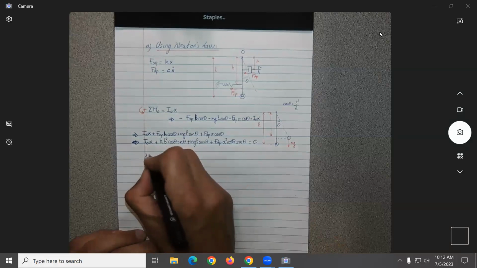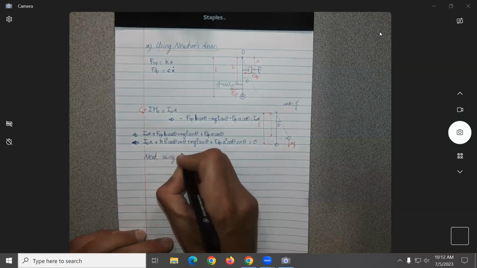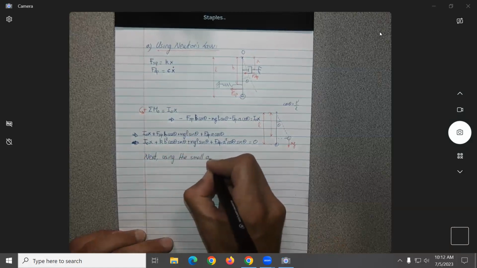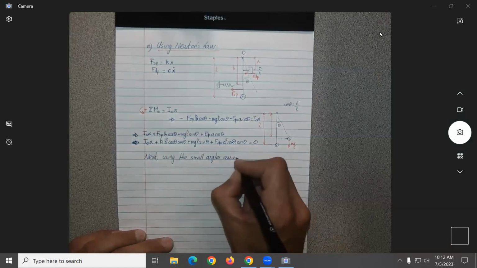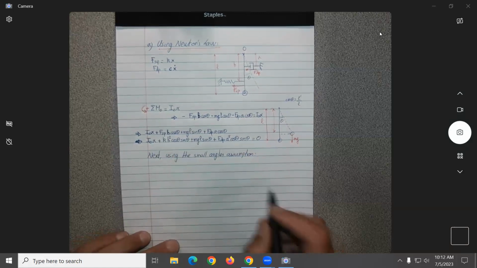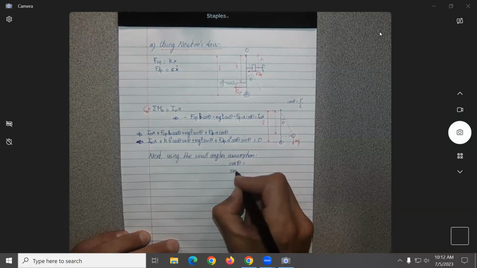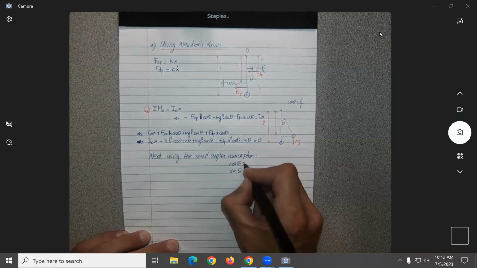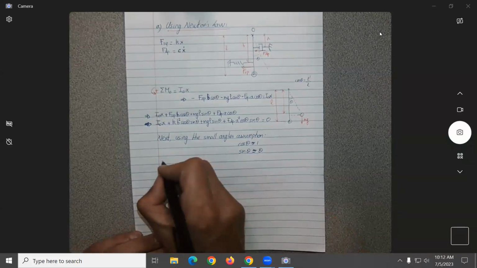So next, using the small angles assumption, which was what? Correct. Perfect. Sine theta basically is equal to theta, and cosine theta is equal to 1.